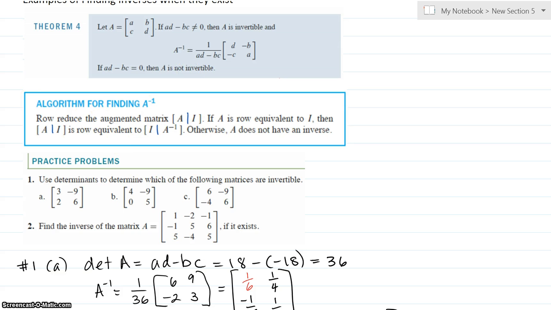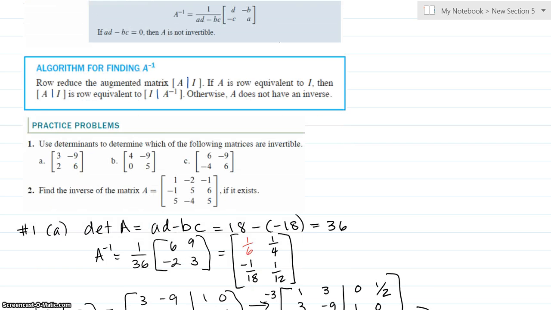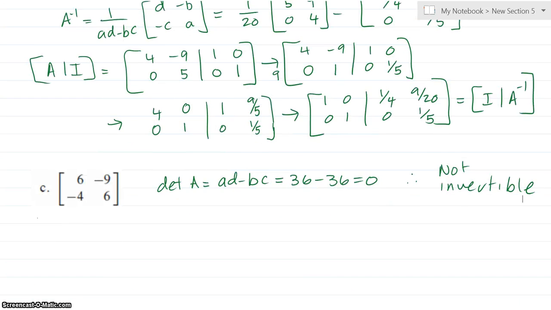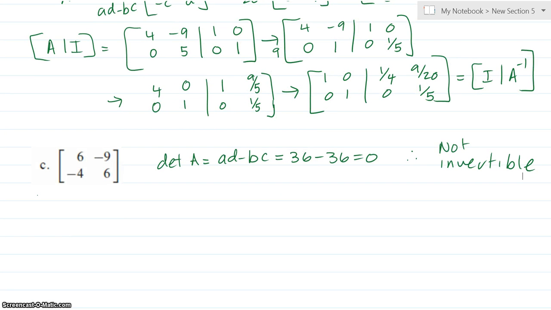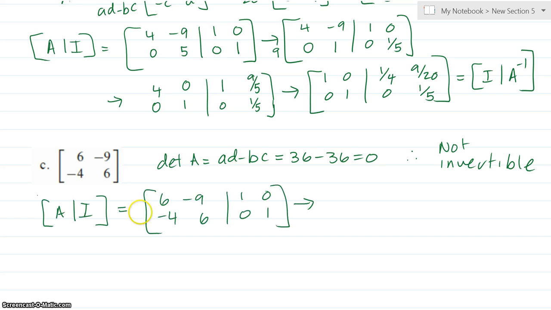But what if we did it this way? Especially with 3 by 3s, because we wouldn't know how to do that with a 3 by 3. So let's go ahead and try that way. I'm going to make these smaller. I'm going to divide everything by 3 on the first row, since I don't feel like getting fractions yet. And the second row, I'm going to divide everything by 2.